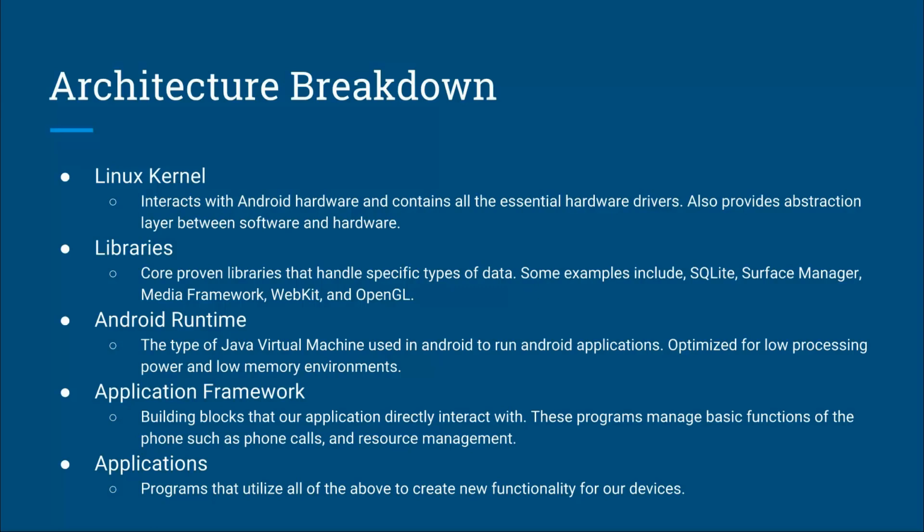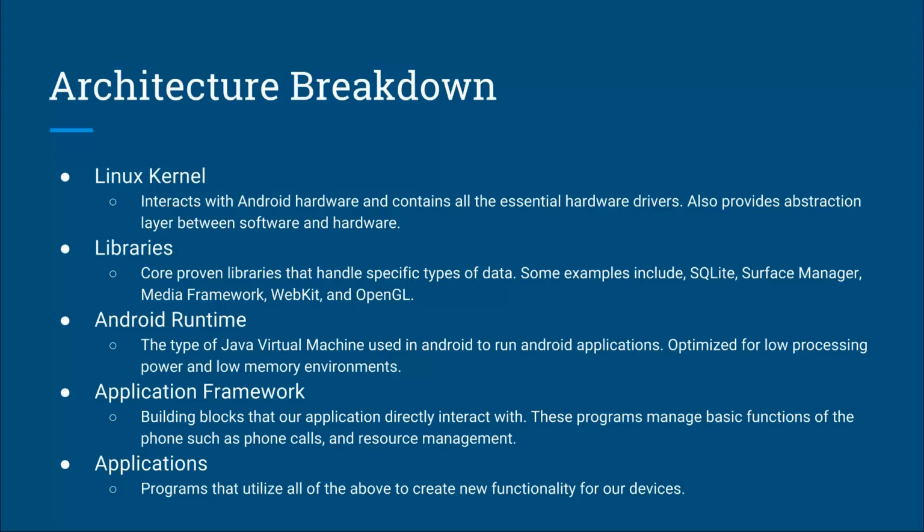So libraries. Our libraries are core proven libraries that handle specific types of data. Some examples include SQLite, Surface Manager, Media Framework, WebKit, and OpenGL. So these are libraries that have been tested and proven, and other things that Android has bundled with its operating system that we interact with, right?